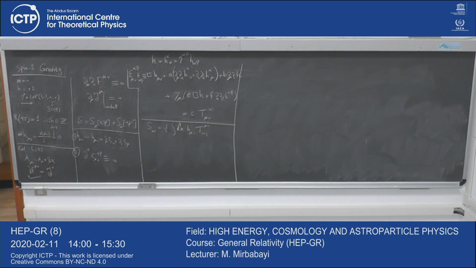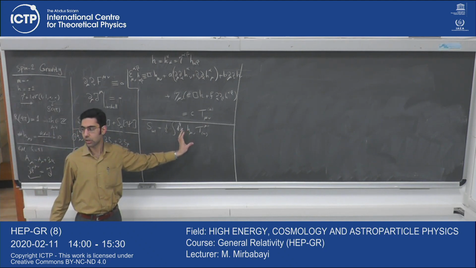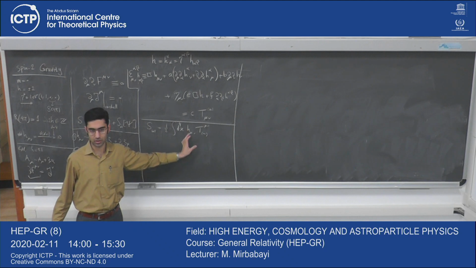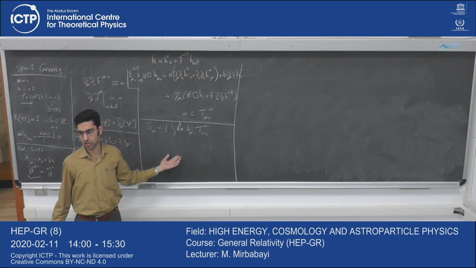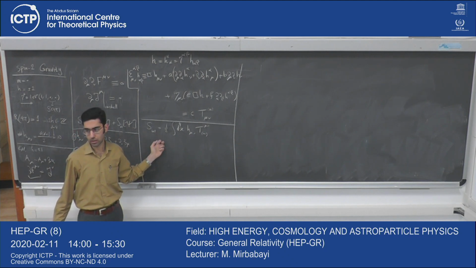And so far it's not restricted. I can always choose the normalization of h mu nu so that this is the coupling between h mu nu and mass. What it changes is not the coupling but the kinetic term for h mu nu that I'm going to write.